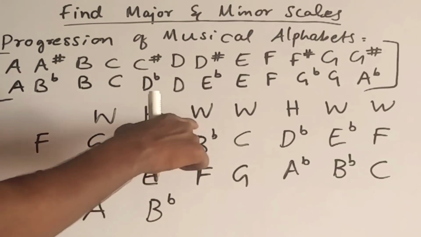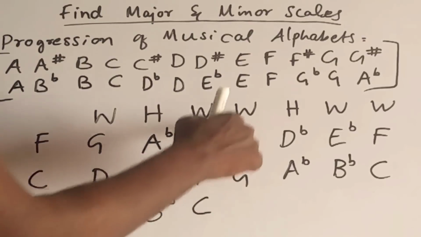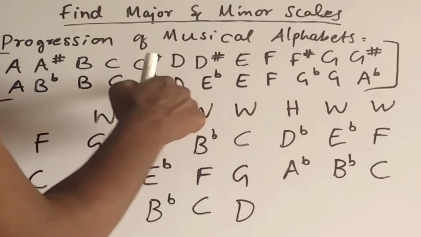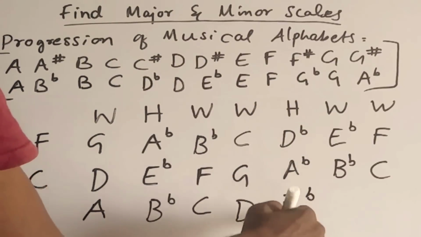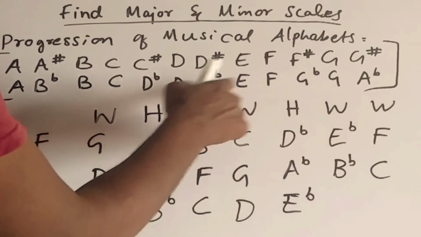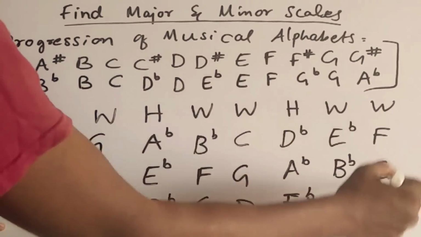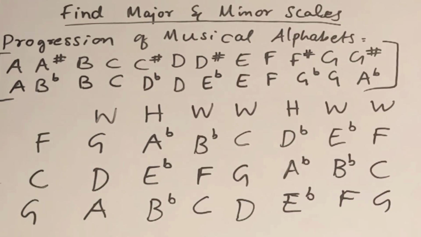The whole step from B flat is C. The whole step from C is D. The half step from D is E flat. The whole step from E flat is F. And the whole step from F is G. And that is the G minor scale.